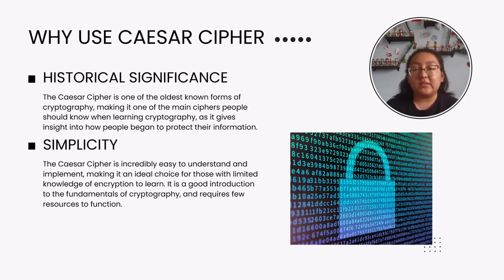Another main reason is its simplicity, as it is incredibly easy to understand and implement, making it a good choice for those who are trying to learn about encryption and cryptography. And it gives a good foundation for them to learn, as it teaches them about plain text, encryption key, and ciphertext. And it also requires few resources.